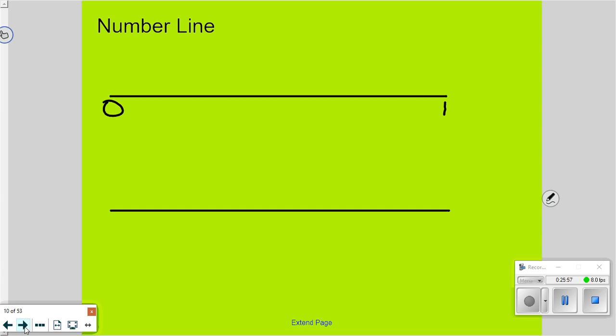I'm going to place the number 1/2. How many parts do I need in a whole to show 1/2? Ready? 2. I need 2 parts. I need 2 halves, right? I know that if I split this in the middle, I have those 2 halves. 1/2 is right here. There's my 1 part. And my other part is over here.